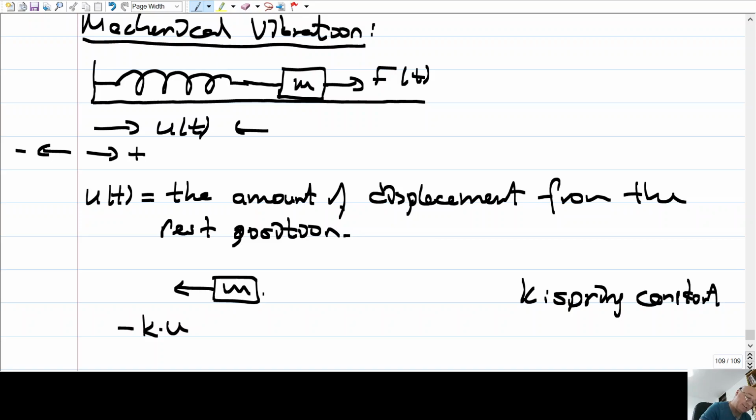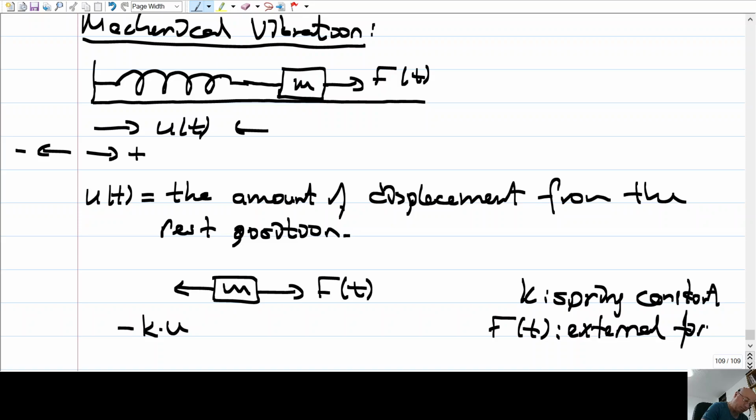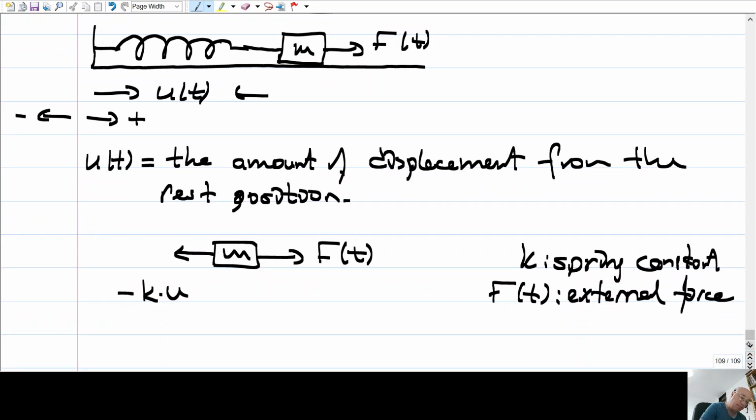And then I have this external force I am applying, F(t), the external force we apply to the system.